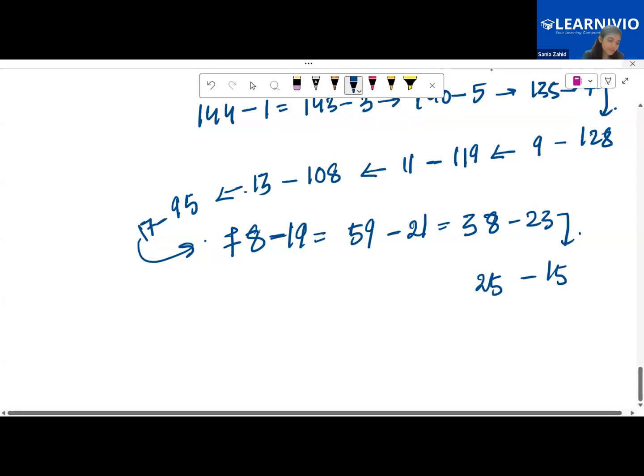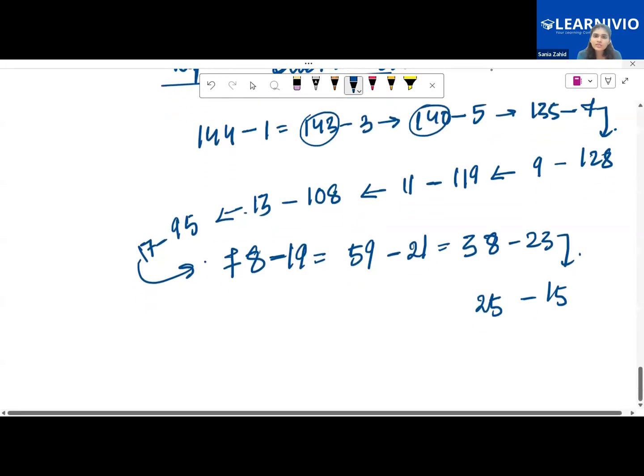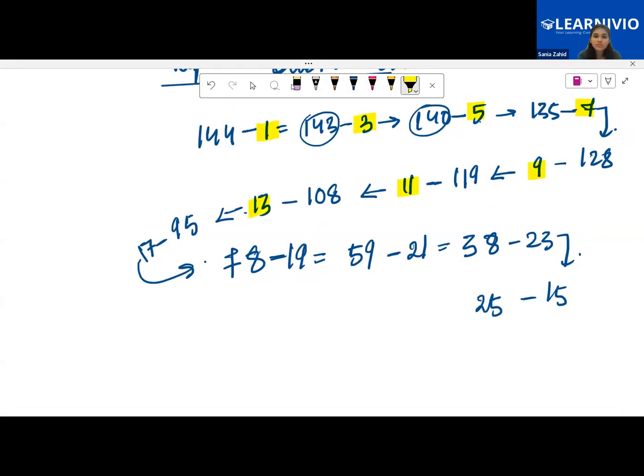I guess we made a mistake somewhere. You have 144. You subtracted 1, you got 143. Then you subtracted 3, you got 140. Then 5. 1, 3, 5, 7, 9, 11, 13. Okay, I missed 15. Sorry.